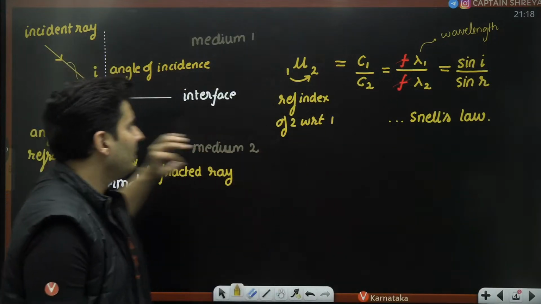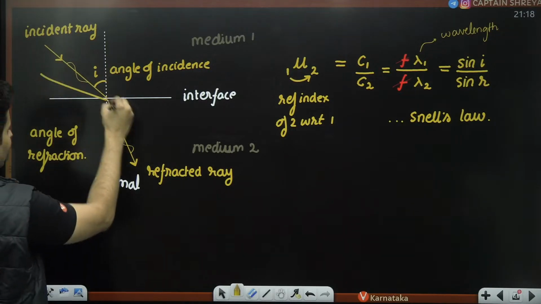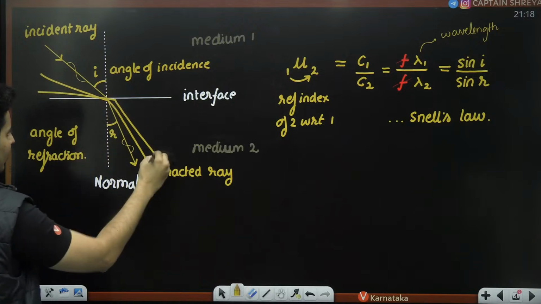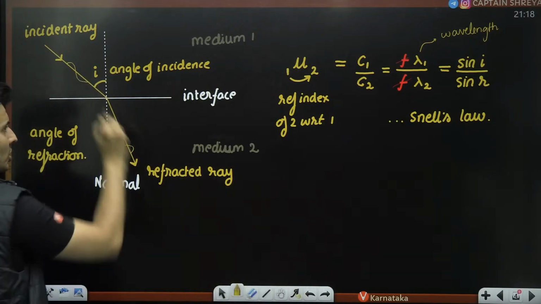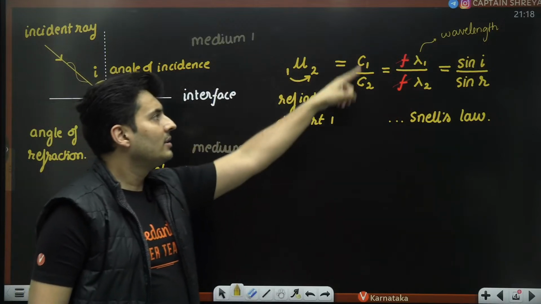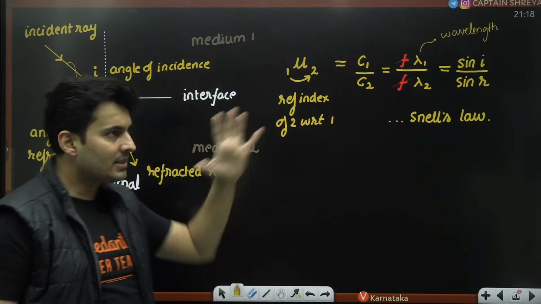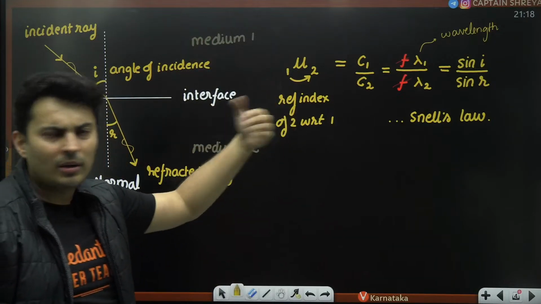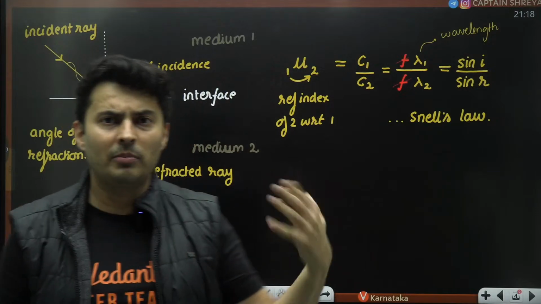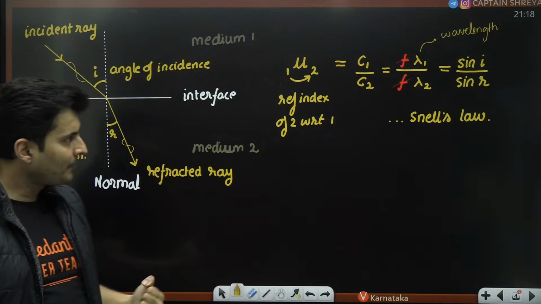The ratio of the sine of the angle of incidence and refraction. So if you take some other angle, other refraction, always that ratio of the sine of the angles comes out to be this particular ratio, which is a constant for a given medium. Hence, that is given a name after the person who made it. That is why it is called Snell's law.